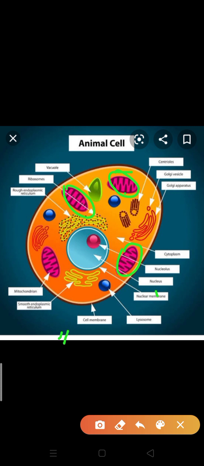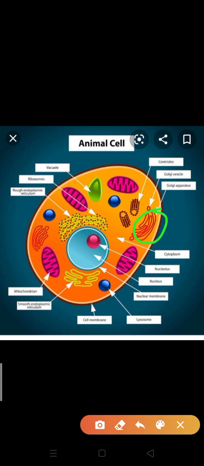Next cell organelle is the Golgi apparatus. Clear? You can see the Golgi apparatus here. These are densely stained reticular structures, and consist of cisternae and sacs.